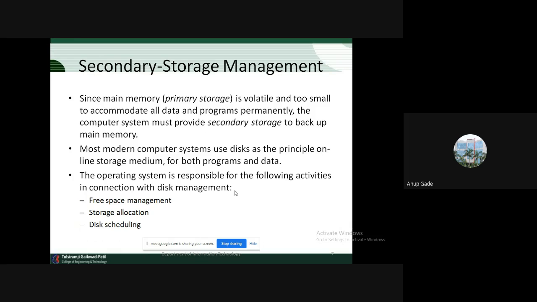There are 5 to 6 different disk scheduling algorithms, which cover FCFS, shortest seek time first, SCAN, C-SCAN, LOOK, C-LOOK. So around 6 algorithms are there, and on the basis of these algorithms, we perform disk scheduling, related to storage management.